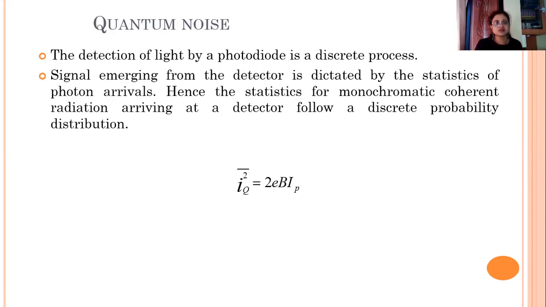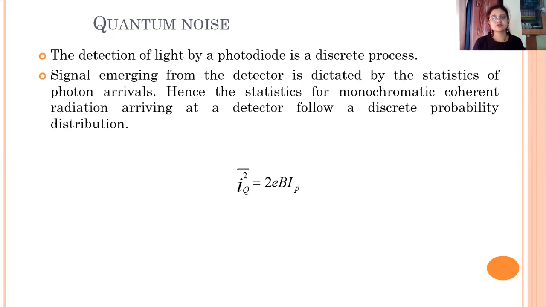Here comes the next noise, quantum noise, which I explained to you. It is based on the discrete process of photodetection in the photodetector due to the photonic nature of the light. So the signal emerging from the detector is dictated by the statistics of these photons which are arriving at it.